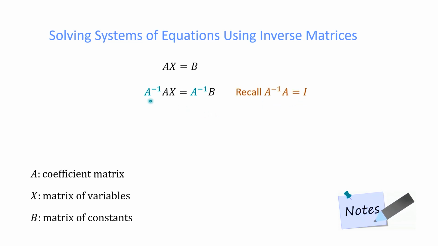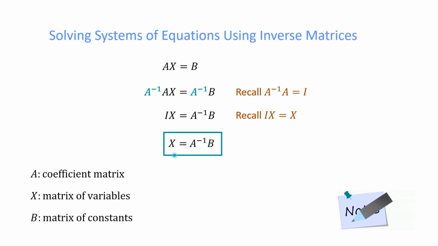So I'll simply replace these two here with the identity matrix. And then you should recall that if I multiply any matrix with the identity matrix, I'll end up with the same matrix. So I can replace this with X on the left hand side, the matrix X.